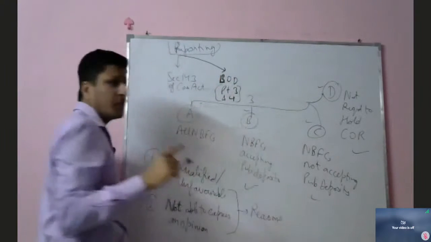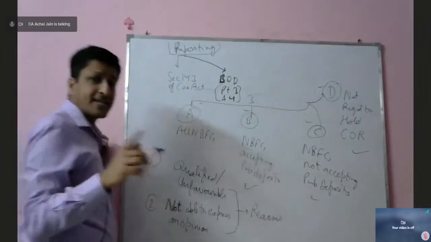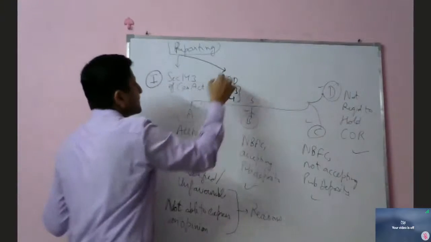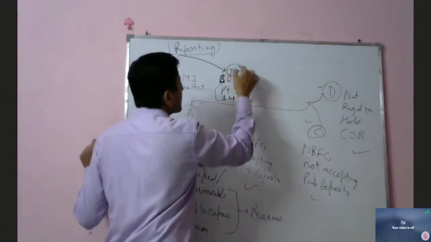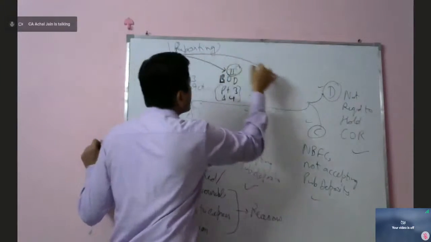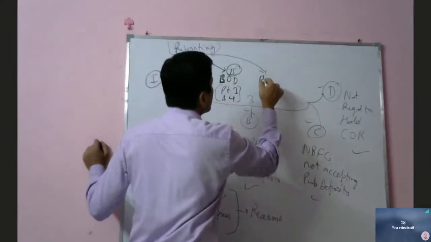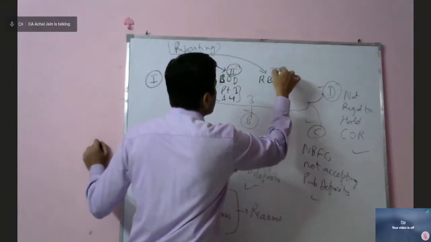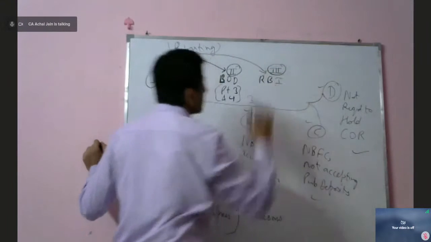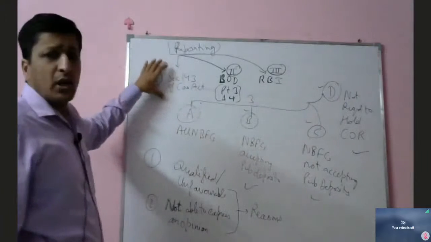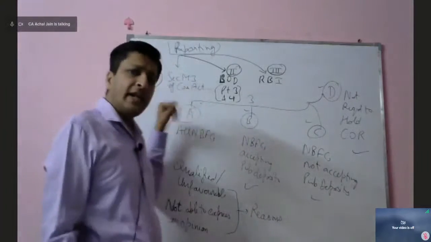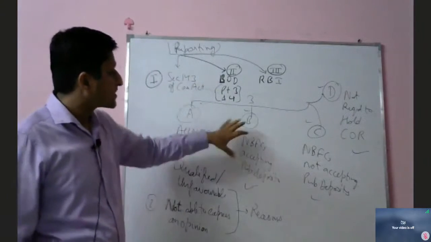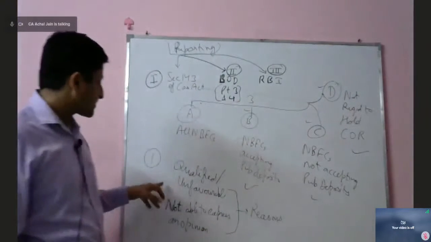So we can say how many reportings do we have as an auditor of NBFC? This is first, this is second, then there is another reporting to the RBI on an exception basis. So this one we all know, we all understand in complete detail as to what is this reporting. This one is something that we have just discussed, point number 3, and this is point number 4.